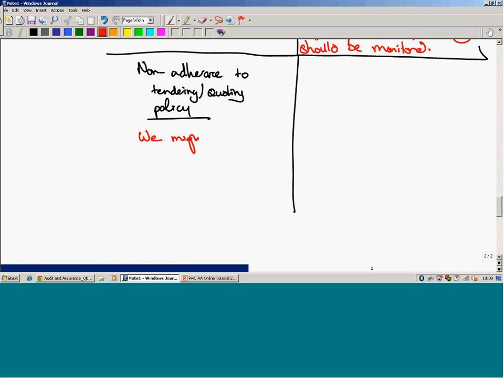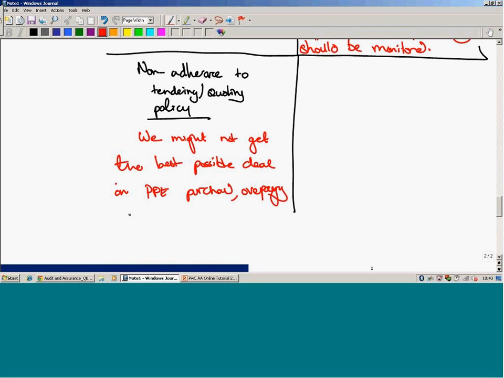So we get possible deal on the purchase of a big item with cash flow issues.